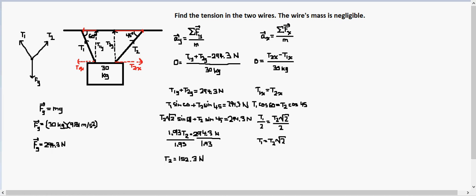Alright, let's plug that in here to find tension 1.